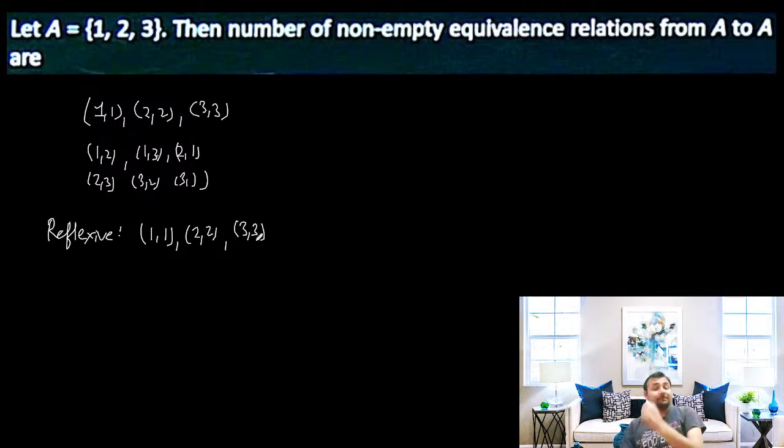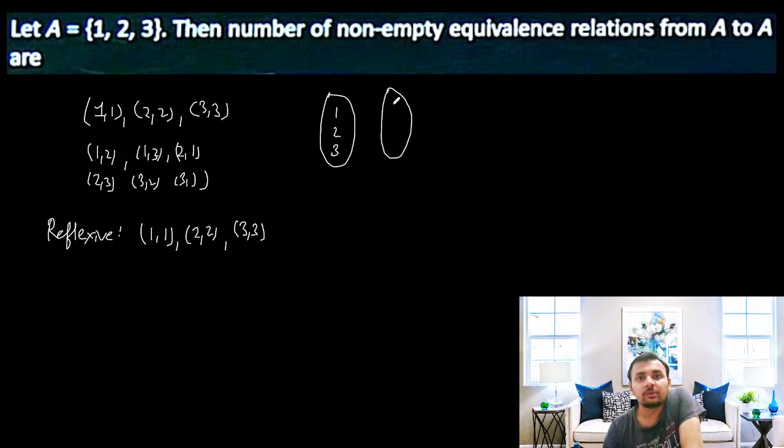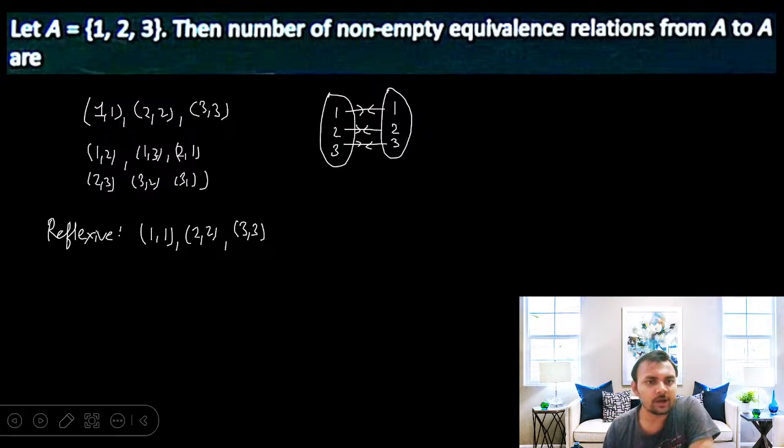Now what will happen? See, 1, 2, 3. We have 1, 2, 3. So this is going here. So the line is coming, line is coming, line is coming. Now what will happen?